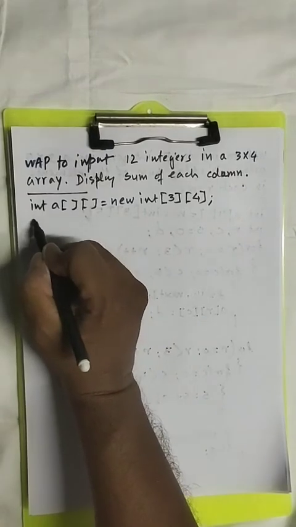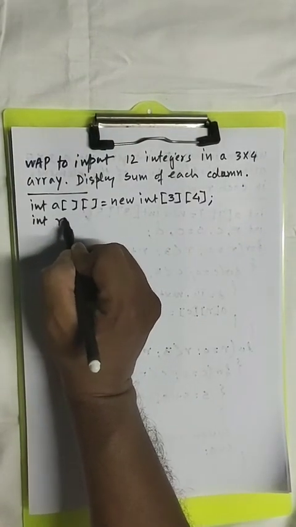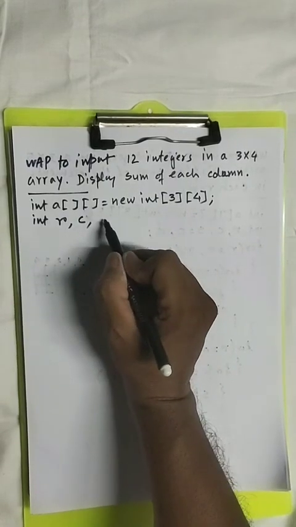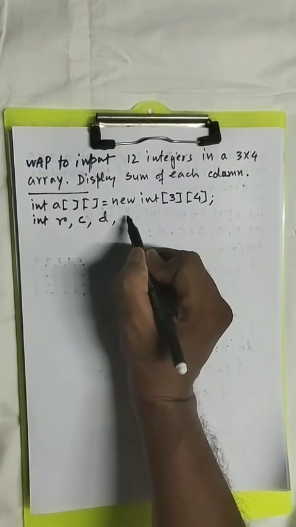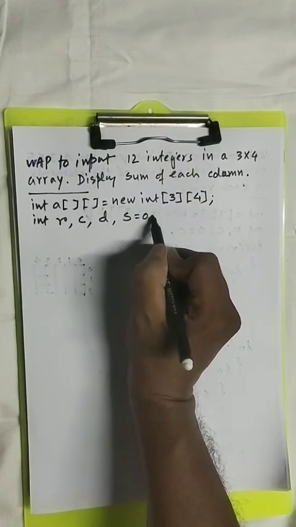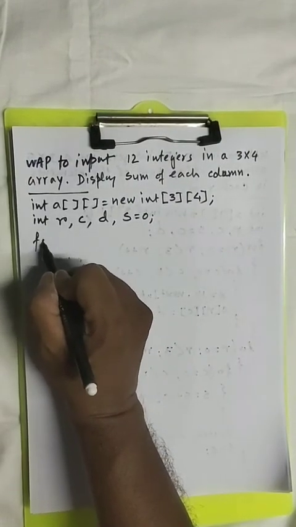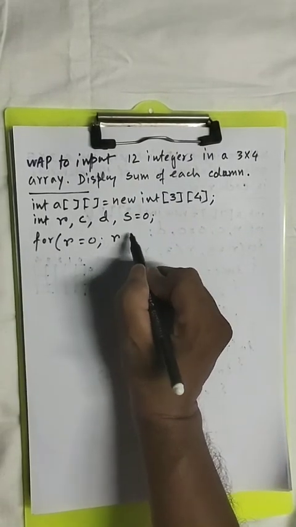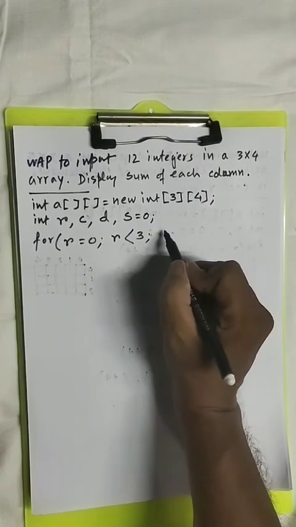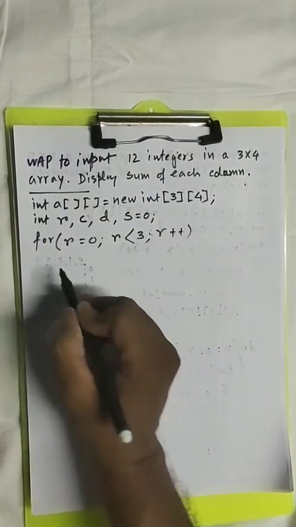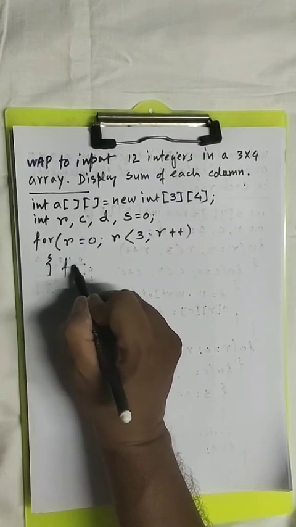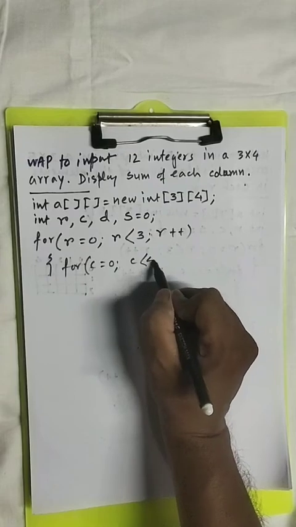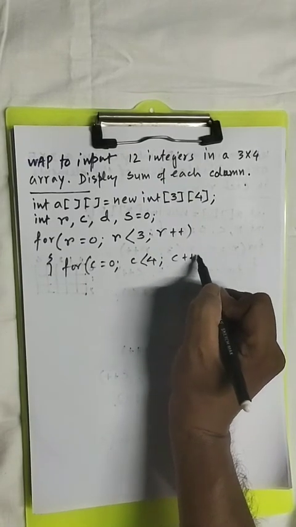Now for row 1 variable, for column 1 variable, for input 1 variable, and for sum 1 variable, we make a for loop for r equal to 0, r less than 3, r plus plus, for c equal to 0, c less than 4, c plus plus.